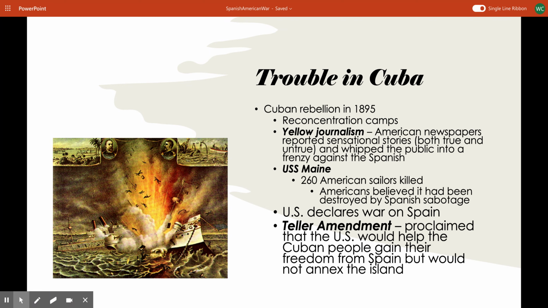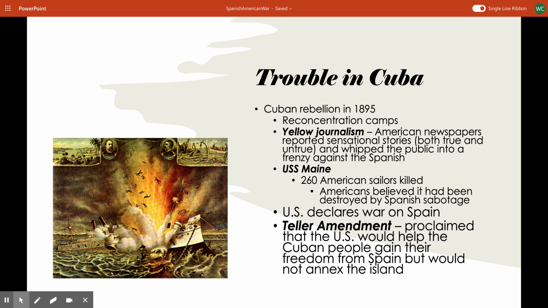And American newspapers were very eager to sell as many copies as possible, right? They're a business. They wanted to get people reading their stories. And so they whipped the public up into a frenzy against the Spanish, who were rounding up those Cubans and putting them in concentration camps. American newspapers whipped up the American public by reporting very sensational stories.